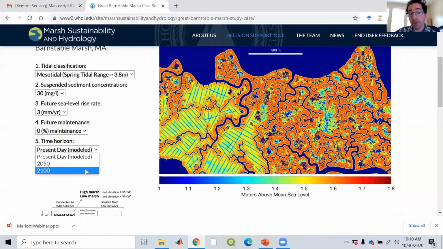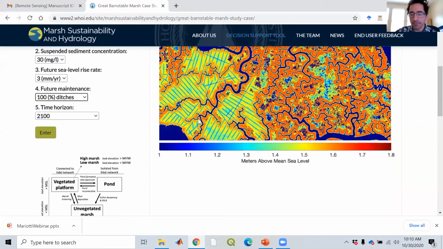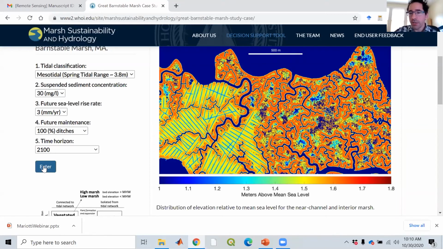Well, we can see what is going to be in the future if the sea level rise remains 3 millimeters per year, and we keep maintaining all the ditches, 100% of the ditches at the ditch depth, which is about 50 centimeters. So predictions, well, it is not going to change a lot. The ponds are going to do their dynamics, but generally the system is going to remain similar to that.